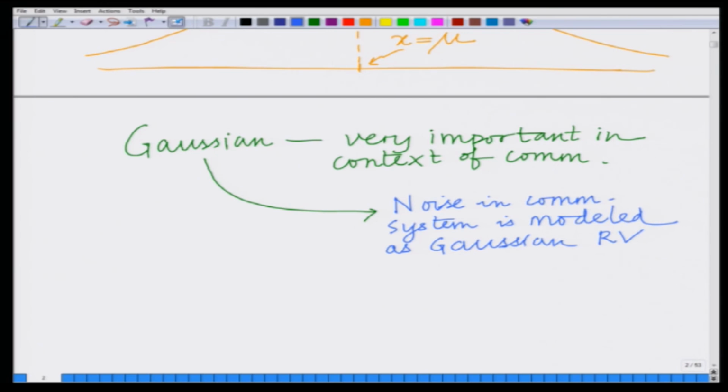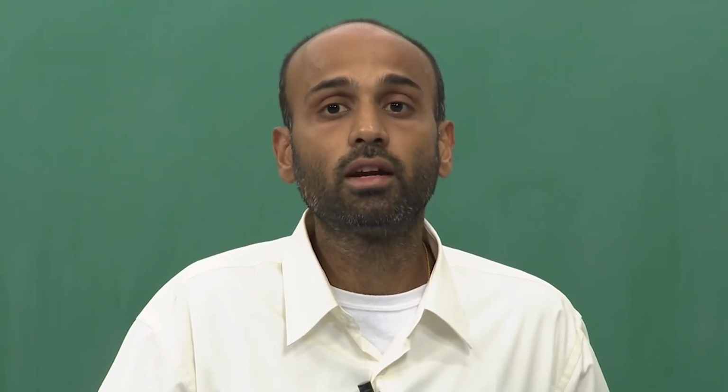That is a Gaussian random variable which is a function of time, a random variable at each instant of time, and that becomes a Gaussian random process. All right. So noise in a communication system is a Gaussian random process. At each instant of time, it is a Gaussian random variable.